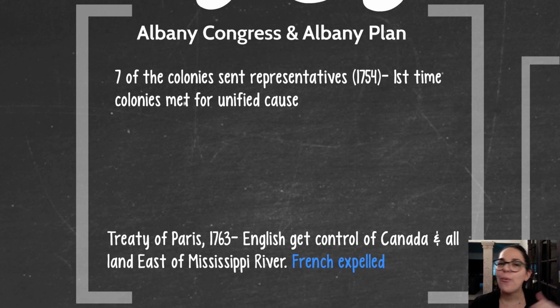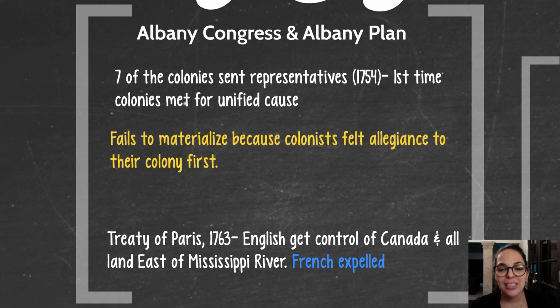And so when they arrive, first of all, not all the colonies send representatives. Only seven colonies are represented, right? So already they're starting off bad. And so it is significant, though, because it's the first time that they attempt some kind of colonial unity, but it fails because the colonists fail to see any kind of similarities or connection or bond with one another.